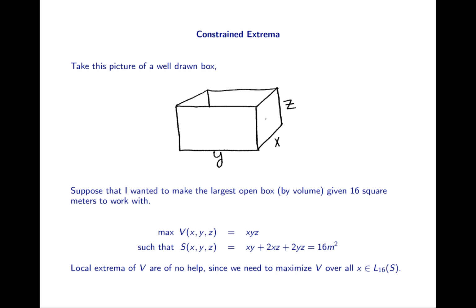So while I know how to find local extrema of V, that's of no help in this situation because I need to maximize V not over three-dimensional space, but over all x in the level set of S. Remember, S is my area function, and I need all x, y, z that are in this level set, in other words, the set of all solutions to this equation.